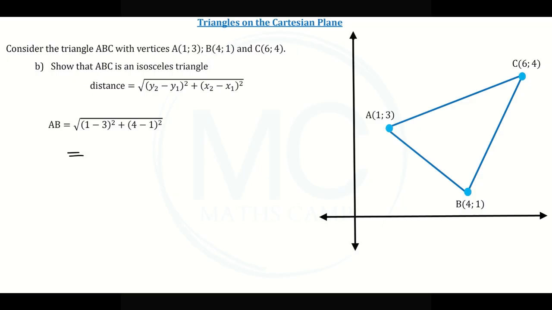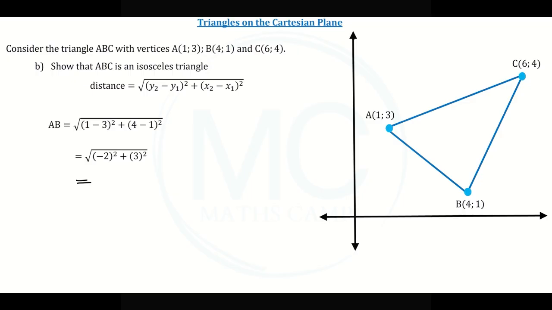Now we can simplify the values inside the brackets. 1 minus 3 gives us negative 2. We can say negative 2 in a bracket squared, plus 4 minus 1 is 3. So we can say 3 in a bracket squared, all under a square root. Now we can square the terms in the brackets.